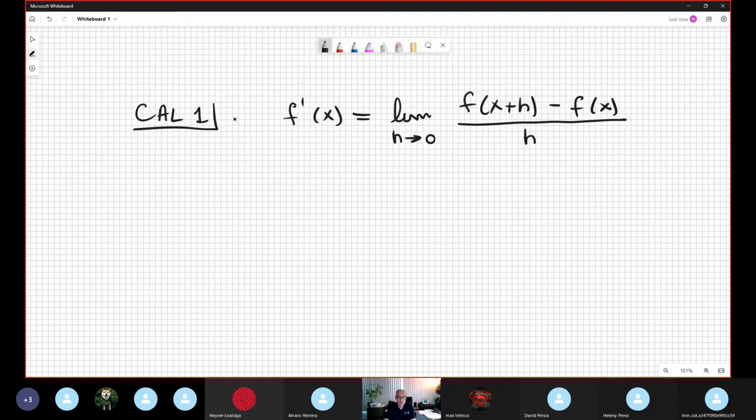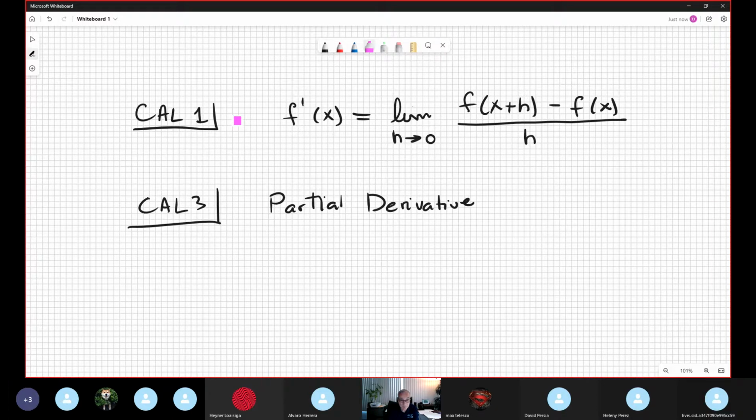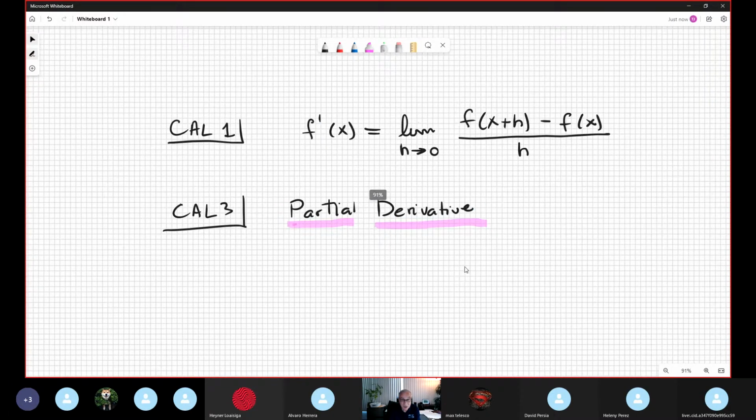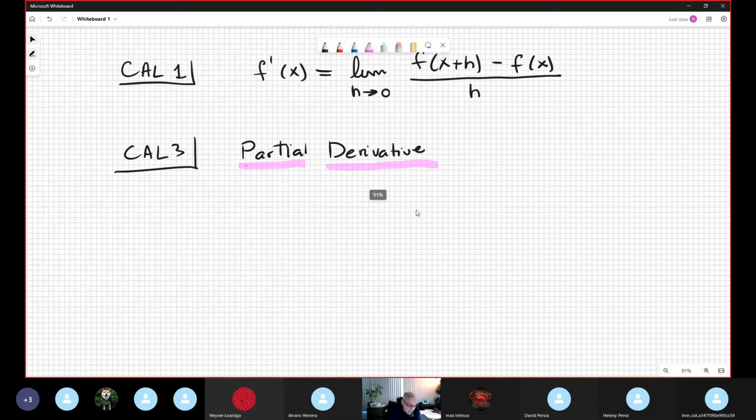this definition. So in Cal 3 we define one new thing called partial derivative. Pay attention. Partial derivative is not the total derivative. It's one piece that we need to study to understand the total differentiation. So what is that? Well, it is a derivative, but in one direction. Remember, we have a point, and we have infinite possibilities of direction.